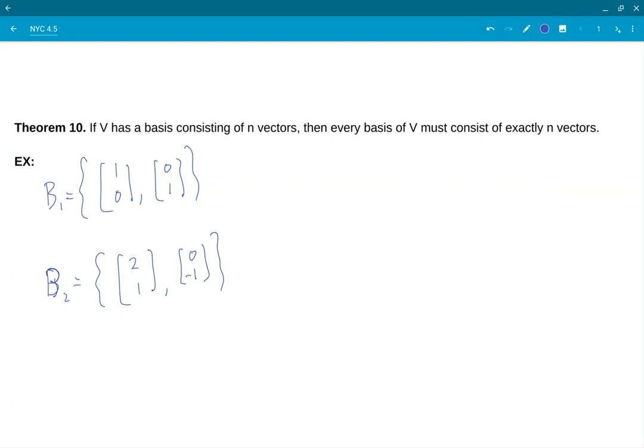Why not? B3: pi squared, 1, e squared, 1, 1. Why not? 10. Doesn't really matter.